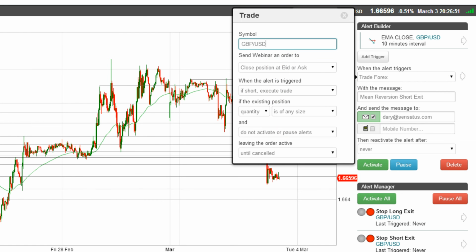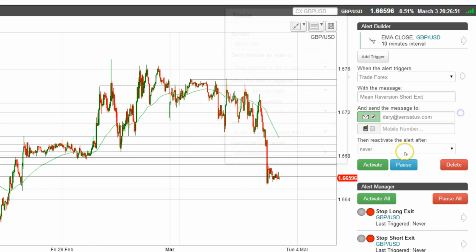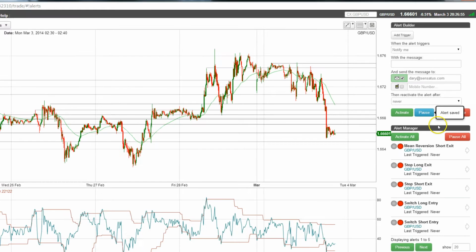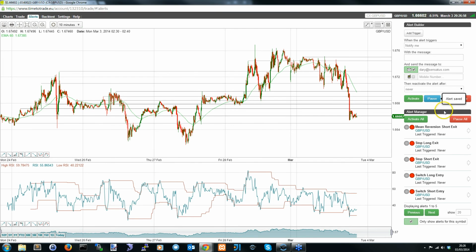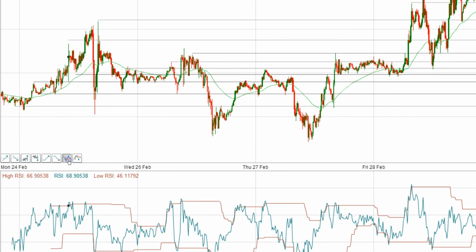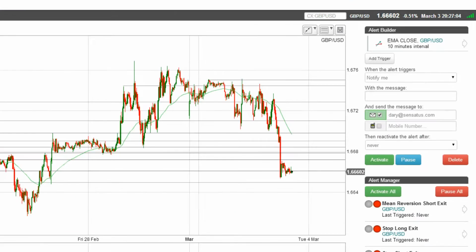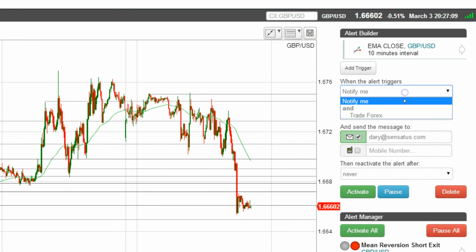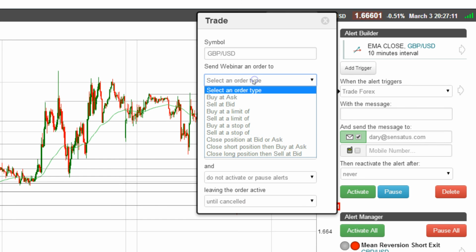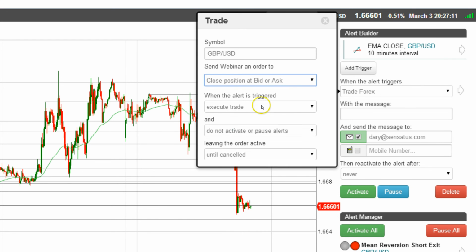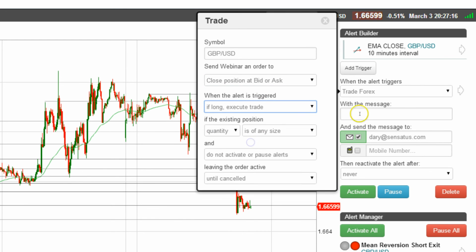So if the price falls below this line, we're going to close out the position. As before, make it reactivate after the conditions are met, start checking again. And then the other side of the coin is if the close price rises above, so we're going to close the position if we're long.